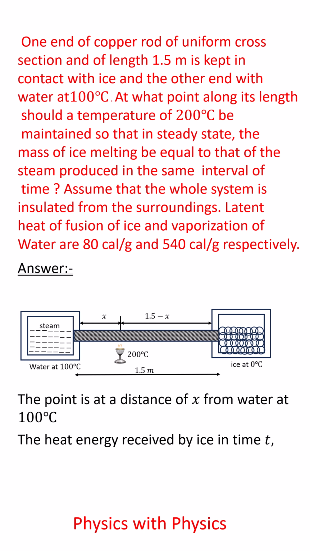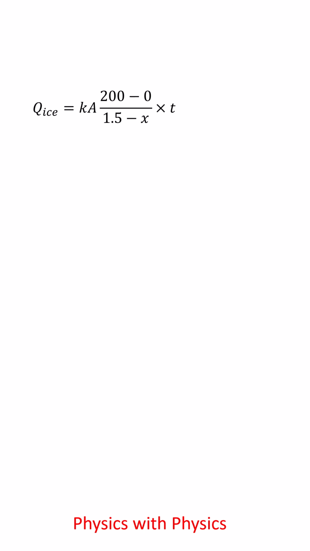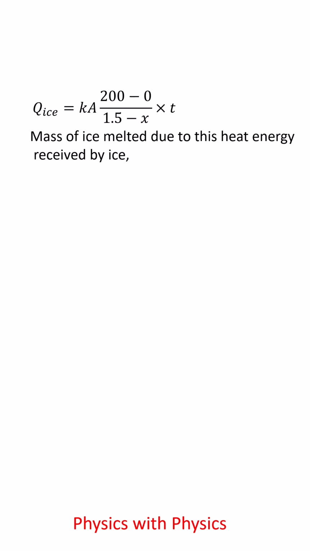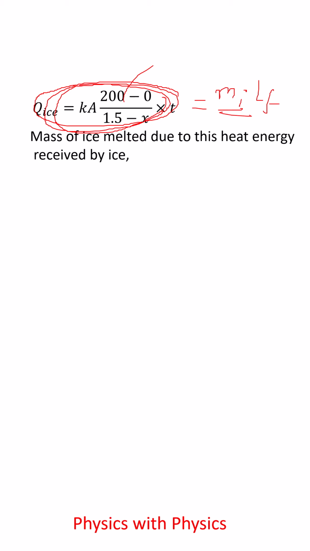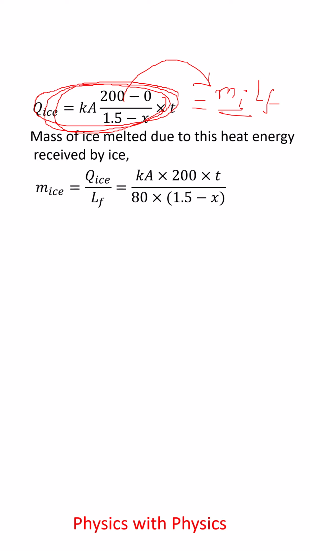The heat energy received by ice is Q ice equals this much, and this heat energy that is flowing towards the ice melts ice, M L fusion. This heat energy melts ice.